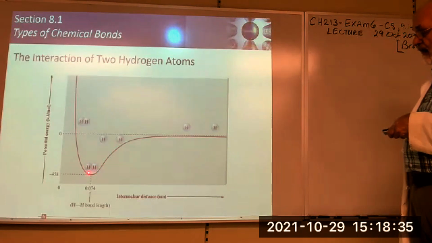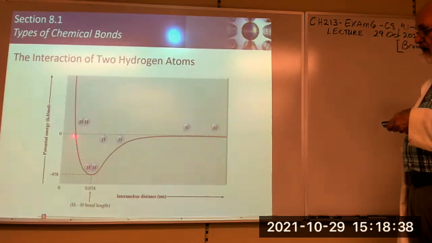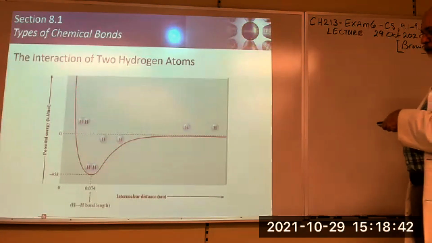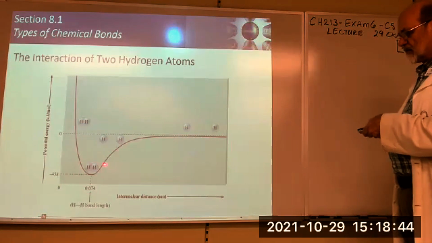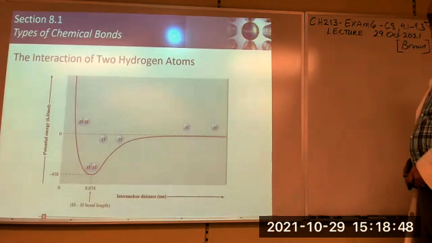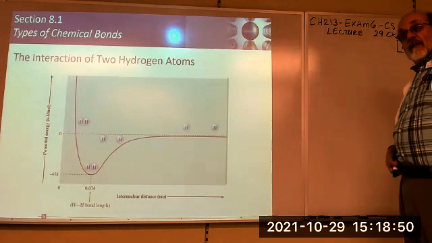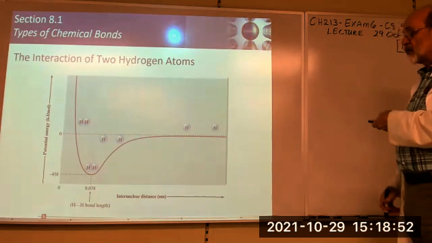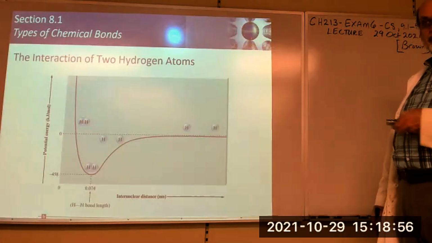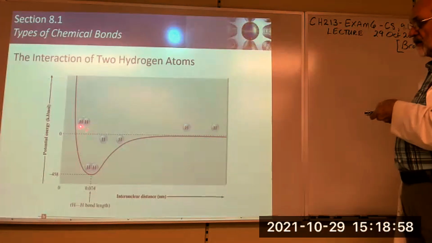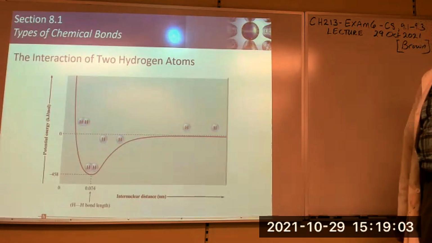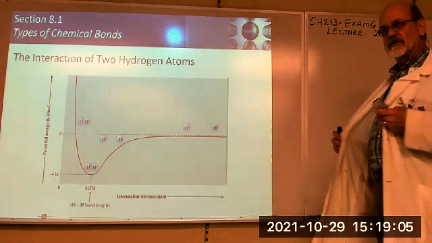And then if they get closer and closer, then the energy goes way up really fast. So this is their optimum distance right here with the lowest possible energy. That's when they're happiest as a molecule. If you push them together closer, and that's what happens in the sun, eventually you get them close enough together where the nuclei merge, and then you're not in chemistry anymore, you're in nuclear physics.